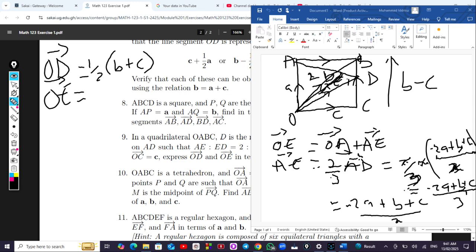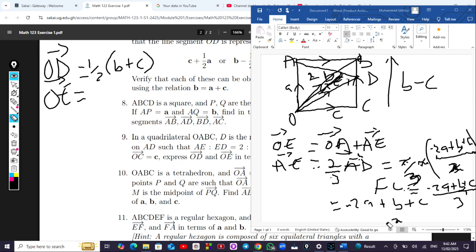Okay. So we can now substitute our AE. Now that we know AE, we can substitute it back into OE equals OA plus AE, so that we can now find the vector OE.